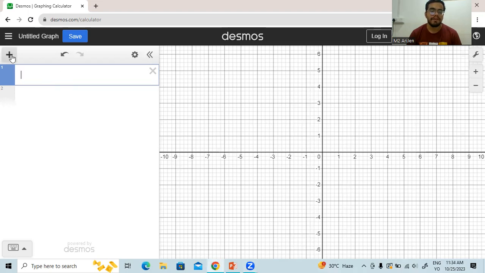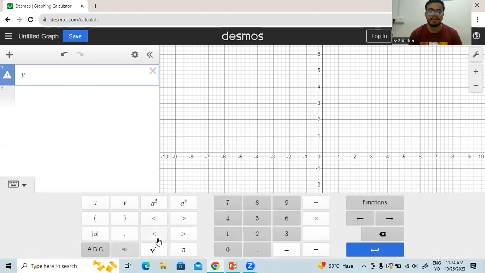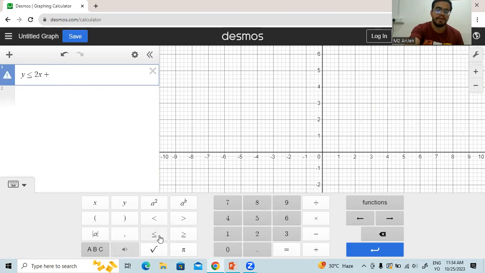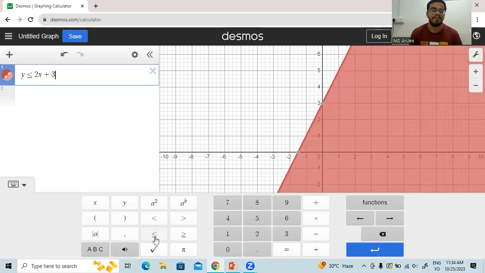The first equation which we have was y. Now see where you will get that less than or equal to sign here below, right? So it is less than or equal to 2x plus 3, right? So this is your first graph.